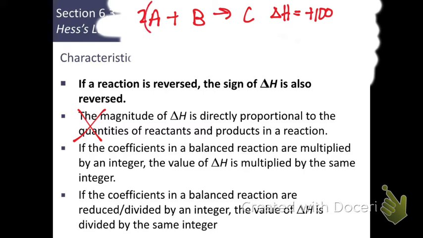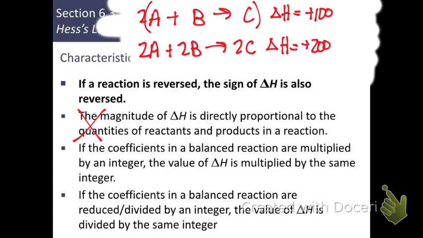So I would multiply the whole formula by 2. 2A plus 2B yields 2C. That would give us delta H equals positive 200. So however you manipulate the chemical equation, you have to manipulate H by the same.